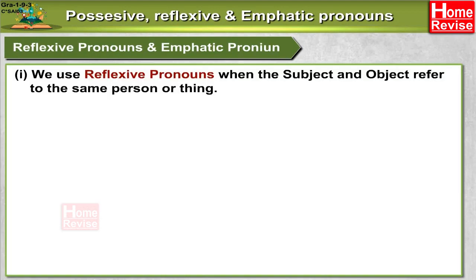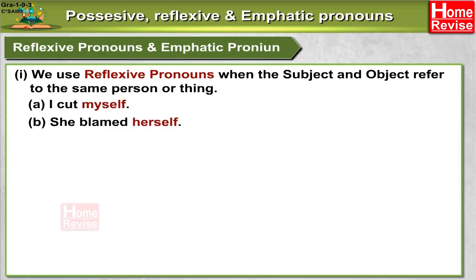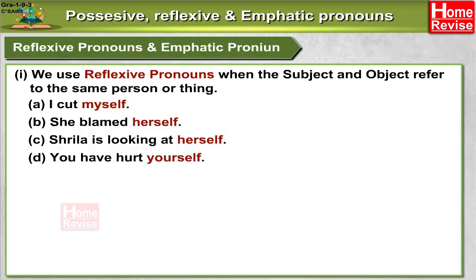First, we use reflexive pronouns when the subject and object refer to the same person or thing. A. I cut myself. B. She blamed herself. C. Shrilla is looking at herself. D. You have hurt yourself.